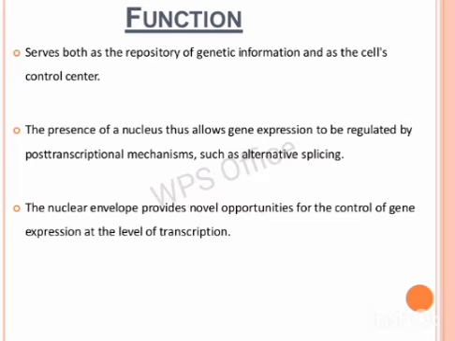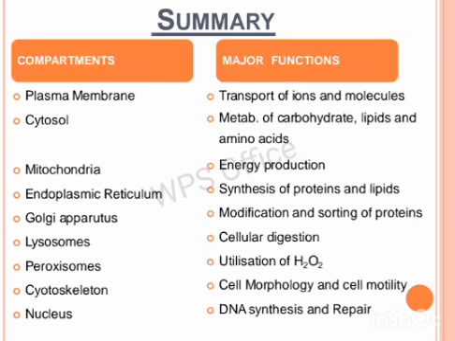The presence of the nucleus thus allows gene expression to be regulated by post-transcriptional mechanisms such as alternative splicing. The nuclear envelope provides novel opportunities for the control of gene expression at the RNA level.